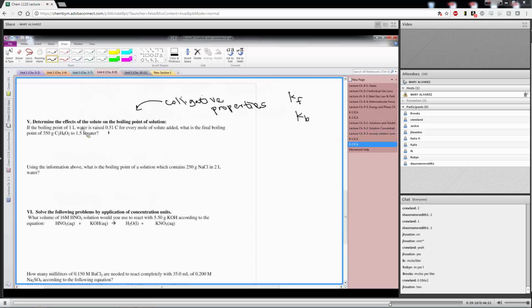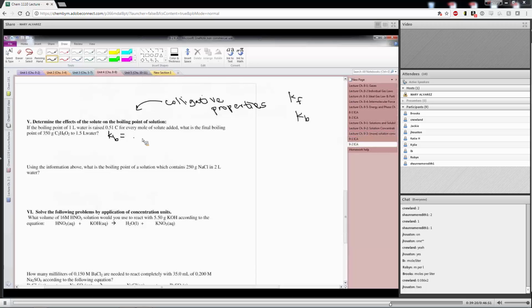Boiling, the KB here then is 0.51 degrees Celsius per mole of solute, and that's not like NaCl, but individual species. So you could call that osmolarity essentially, per osmol.